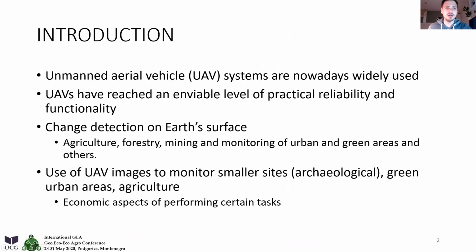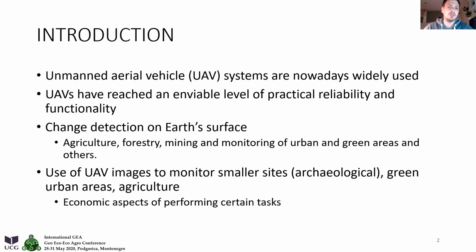Unmanned aerial vehicle systems are nowadays widely used, especially in applications where aerial imaging is an important source of information for performing certain tasks. With the advancement of technology, UAVs have reached an unprecedented level of practical reliability and functionality that has enabled this system to enter the geomatic business market.